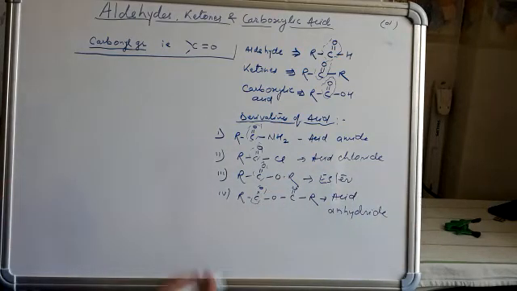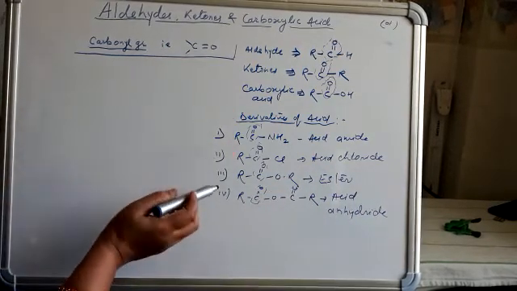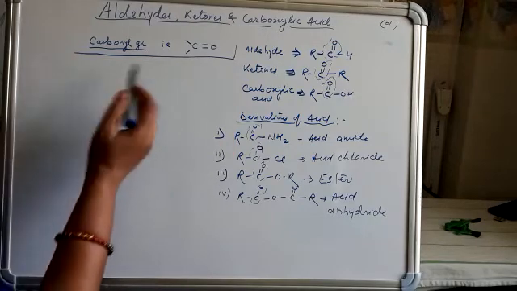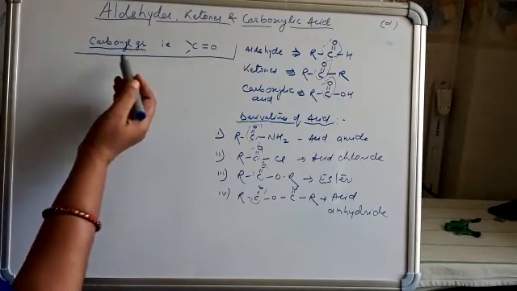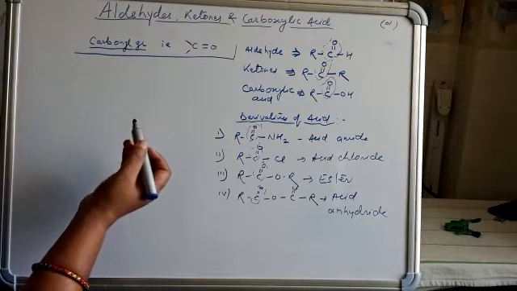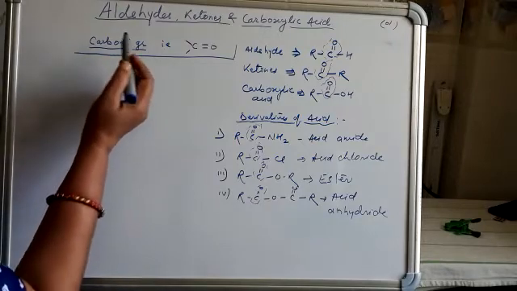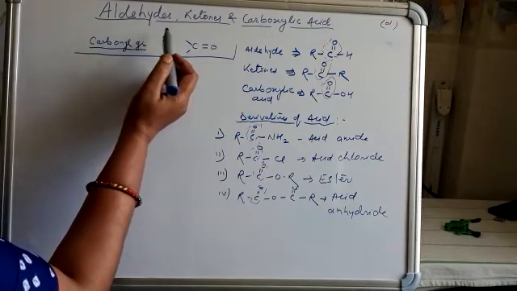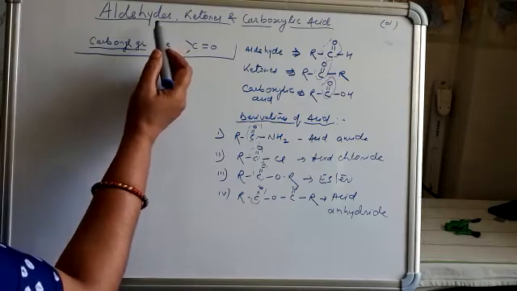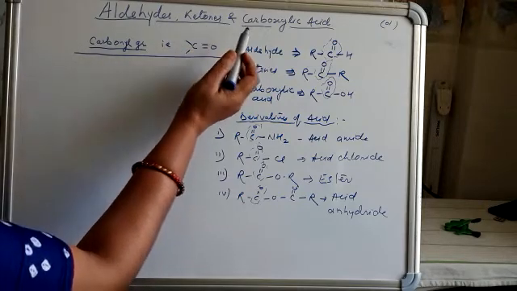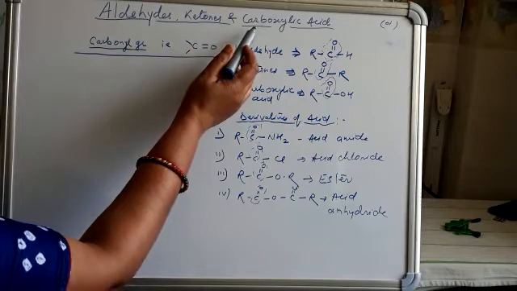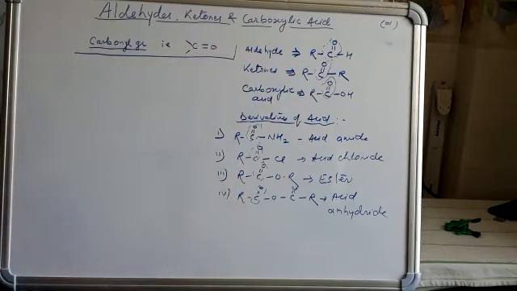These are the common groups present in aldehydes and ketones, which is known as the carbonyl group. At first, we shall focus only on aldehyde and ketone, and we shall discuss the carboxylic acid in the next part.